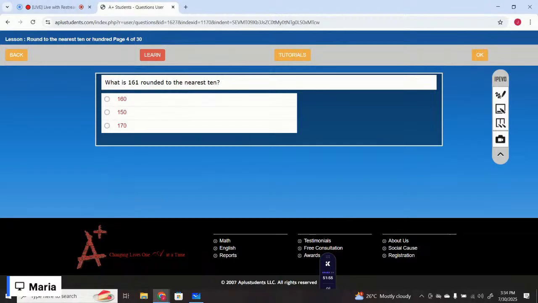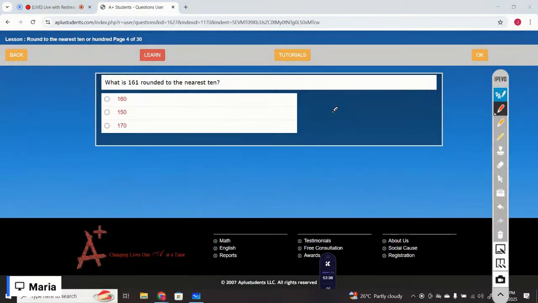What is 161 rounded to nearest 10? So 161, 6 is the digit at the tens position.